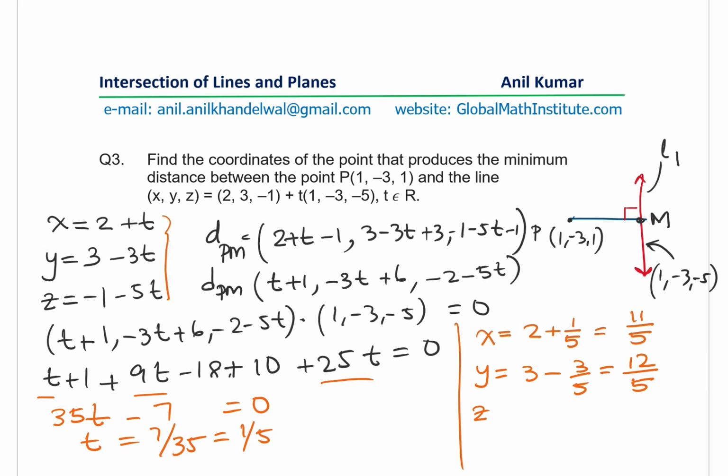And the z value will be -1 minus 5 times 1 over 5, so minus 1, which is -2. Correct?